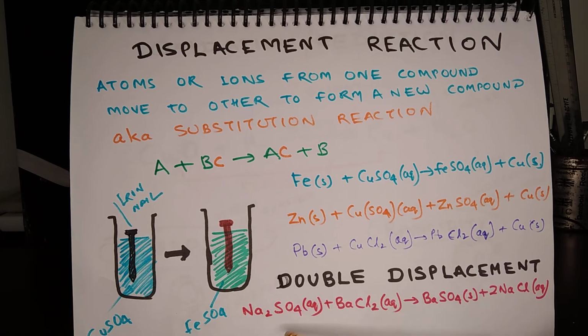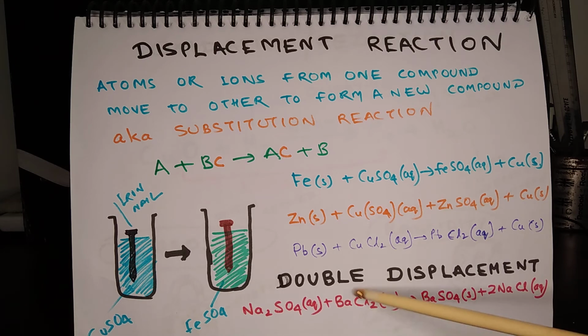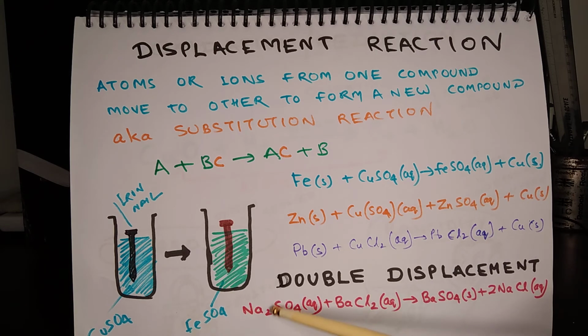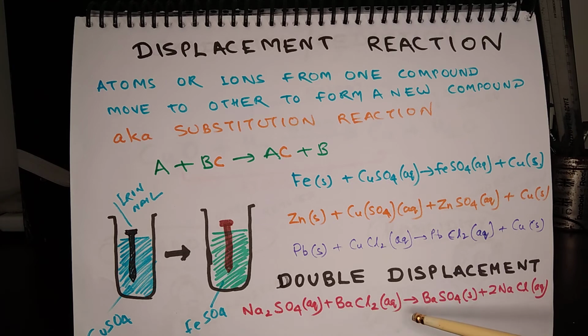This happens because sodium from sodium sulfate displaces barium from barium chloride, and barium displaces sodium from the sulfate compound, and that is why barium sulfate and sodium chloride are formed. So Na2SO4 plus BaCl2 is equal to BaSO4 plus 2NaCl.